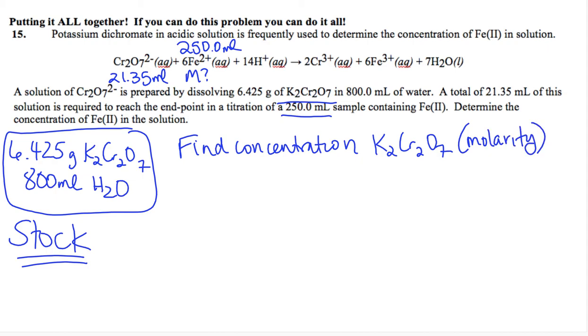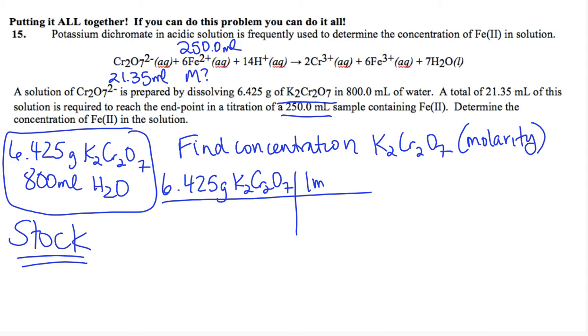All right, how do we start? Grams, okay. 6.425 grams of K2Cr2O7, and convert that to moles. For every 1 mole, we have, I will give it to you, 294.2 grams.